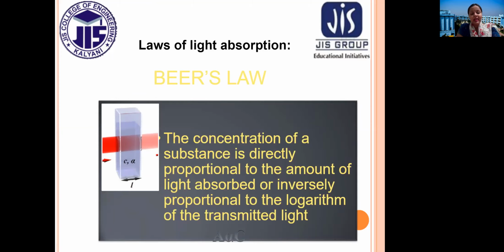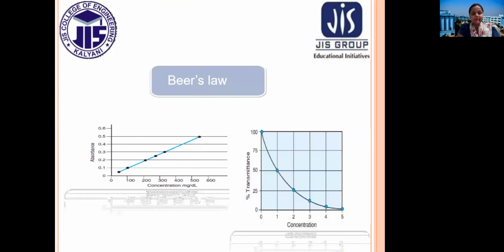And what does it say? That the amount of light absorbed will be directly proportional to the concentration, or the log of transmitted light will be inversely proportional to the concentration of the substance.